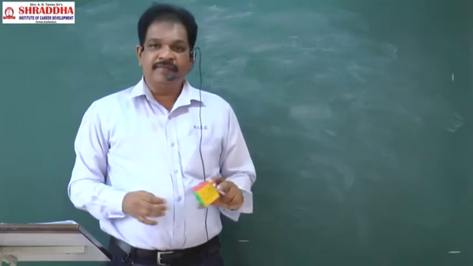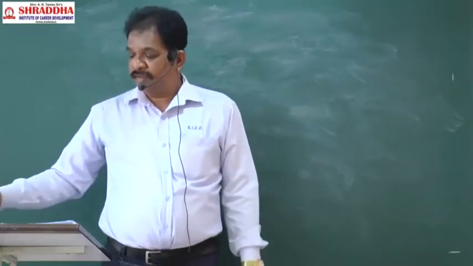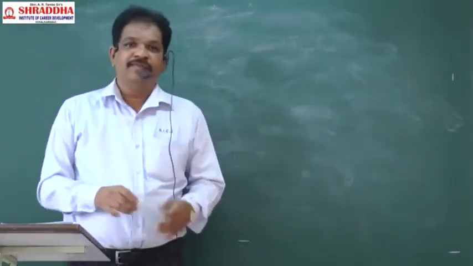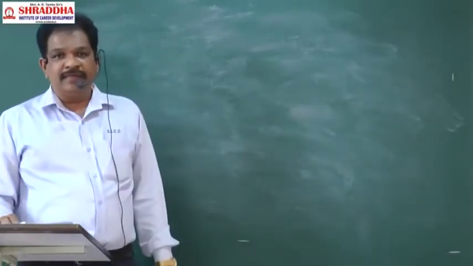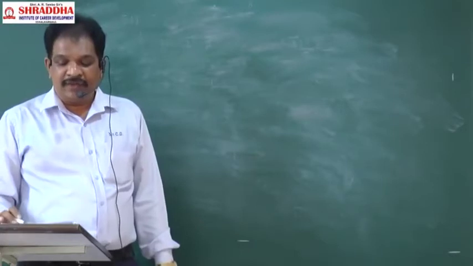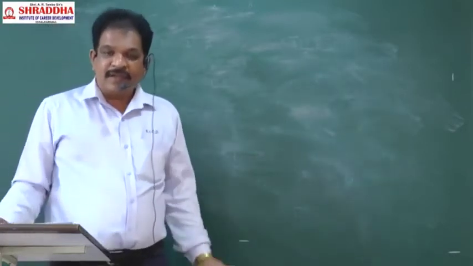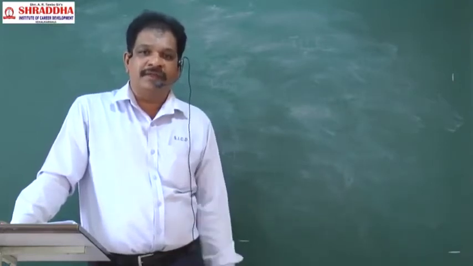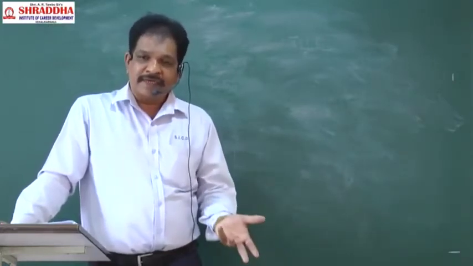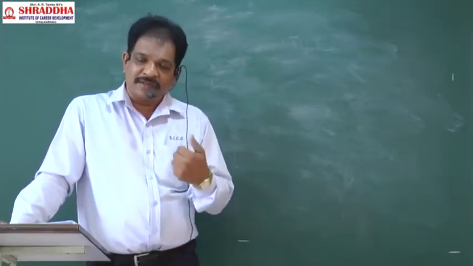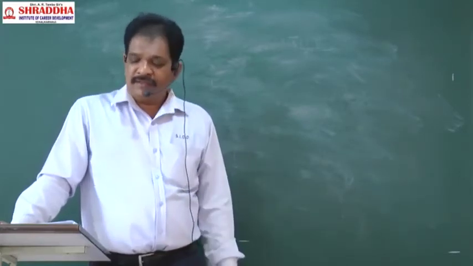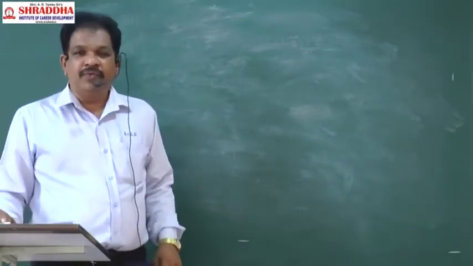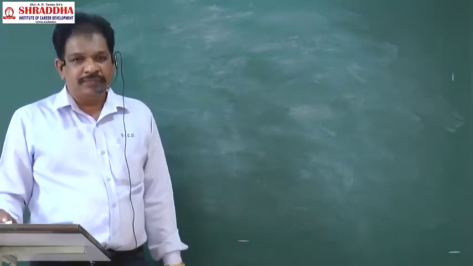Like this, diagonals. Diagonal means you have to consider the body diagonal, remember, not the face diagonal. What is the angle between diagonals of a cube? This is also a standard question, you can remember the answer, cos inverse 1 by 3 is the angle between the two diagonals of a cube.